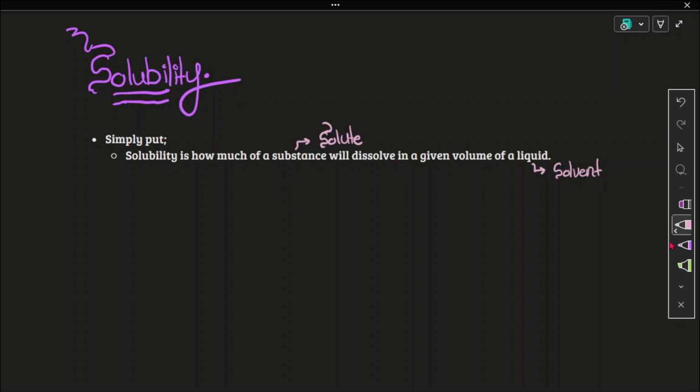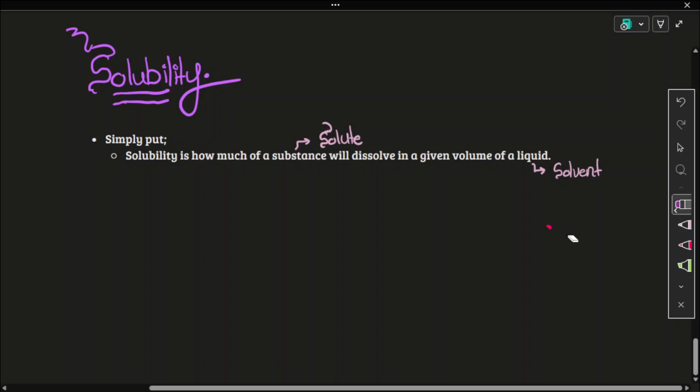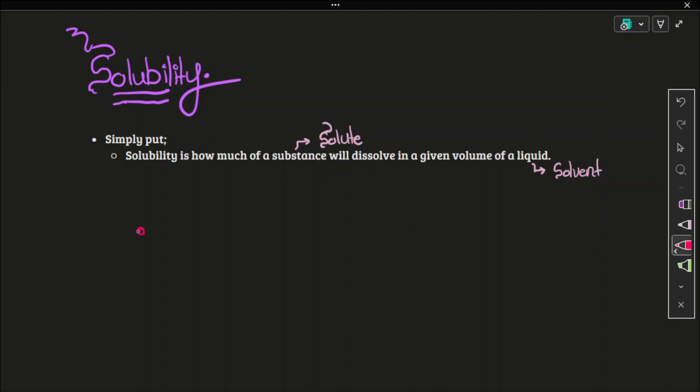Right. Now, here's the tricky part about solubility. I want you to really look at this canvas and pay proper attention, because this is where students often go wrong. If you understand it in the order and fashion I provided, you won't have any problems, not to worry.